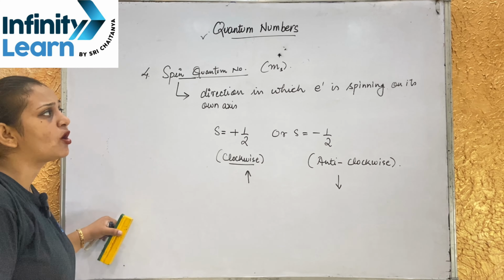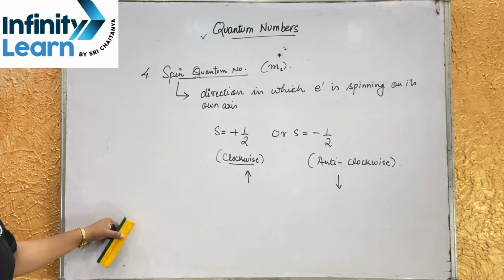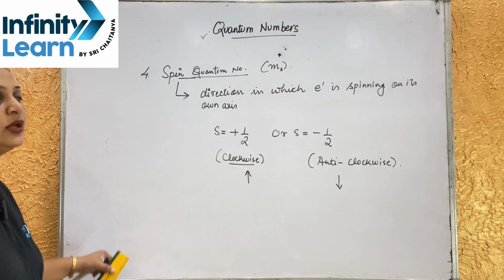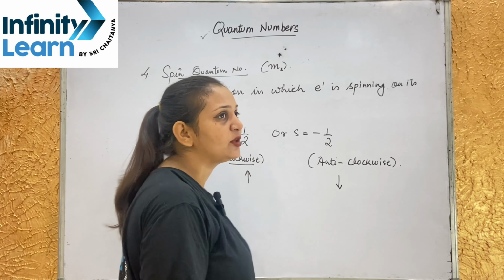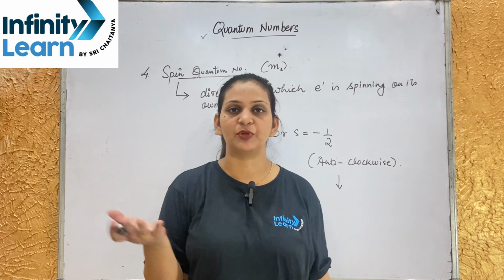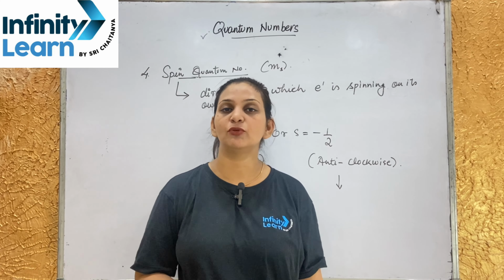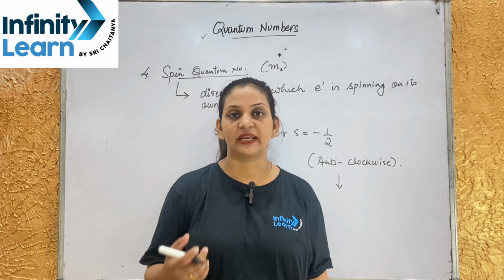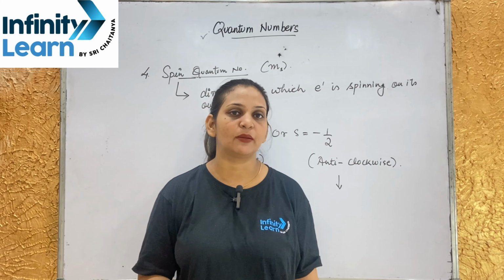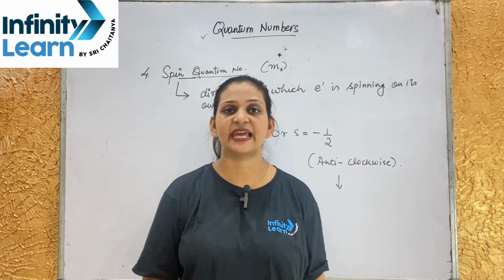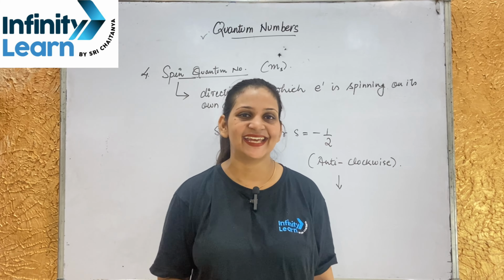So the spin of the electron is described by the spin quantum number. Hence, by using these 4 quantum numbers, principal, azimuthal, magnetic and spin quantum number, we can easily locate an electron in an atom.